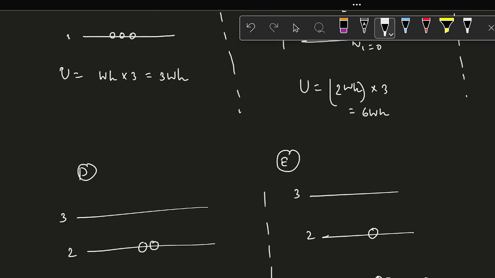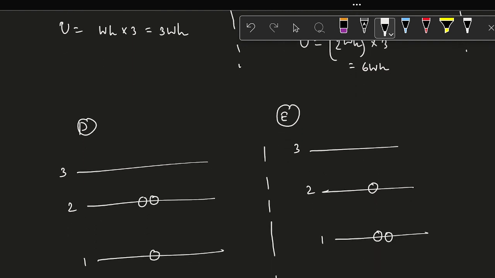In each of the cases, you can know the numbers N1, N2, N3, and similarly calculate the total potential energy. In this case, N1 equal to 1, N2 equal to 2, and N3 equal to 0. So our total potential energy will be WH plus 2 WH times 2, that means it is 5 WH.